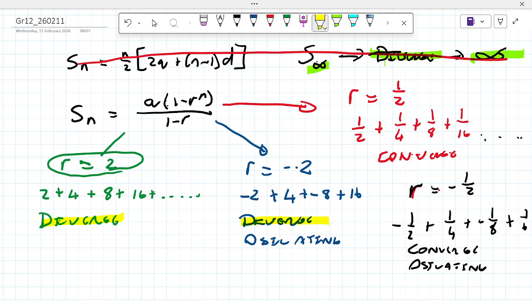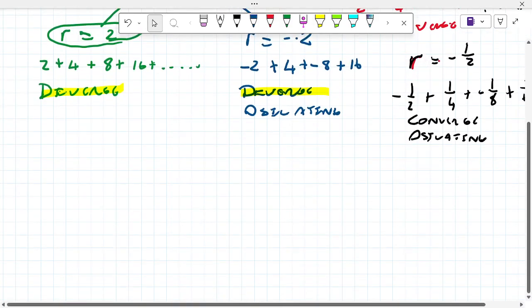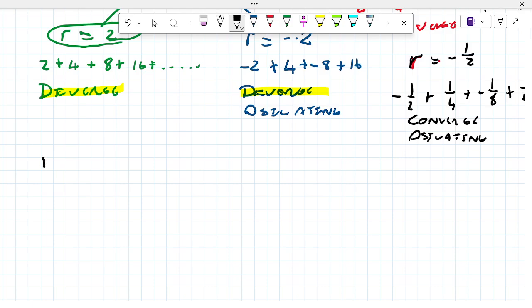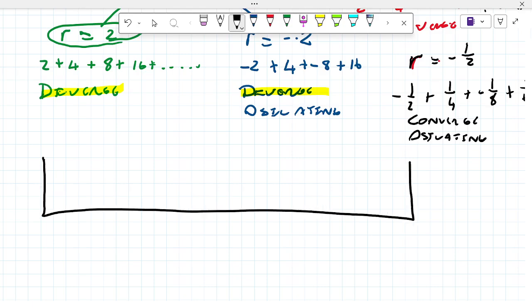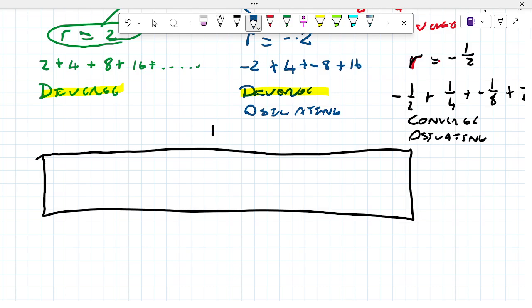You see, the converging ones is, for argument's sake, if I've got something representing 1, this represents 1. If I start and I add a half, and now I add a quarter.